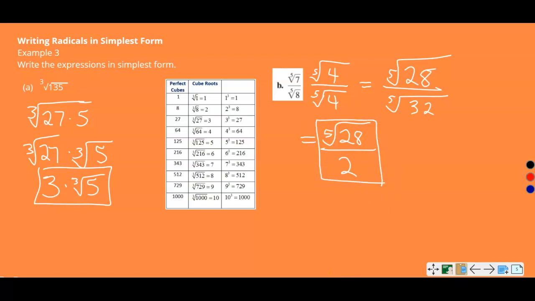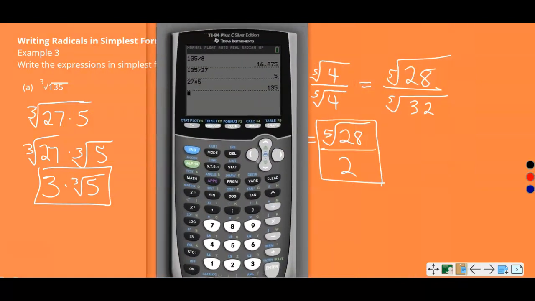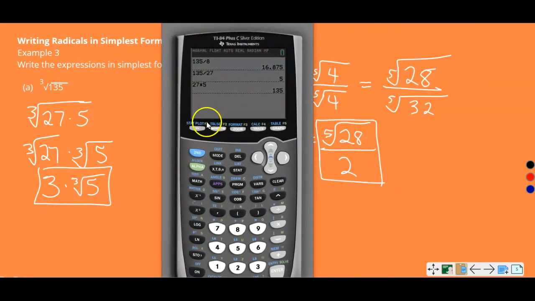If you want to check that using the calculator, you can do that. If we slide this over here, you can go math, to the x root, number 5, and then 32. You can see that that does simplify down to 2.